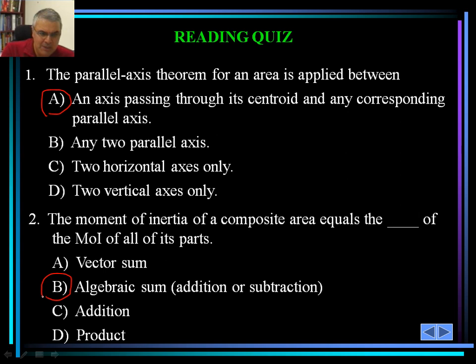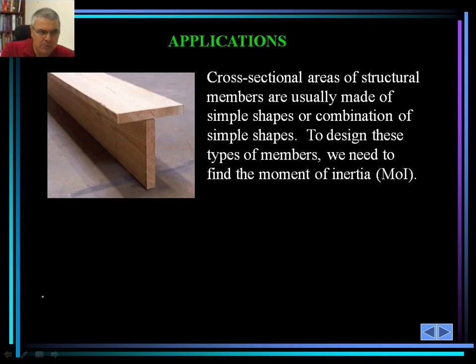We want to make sure that we consider all the signs. If it is plus, it's going to be an addition. If it's minus, it's going to be a subtraction. So the moment of inertia for a composite area equals to the algebraic sum of moment of inertia of all of its parts. We're going to do a few examples and things would become much more clear.